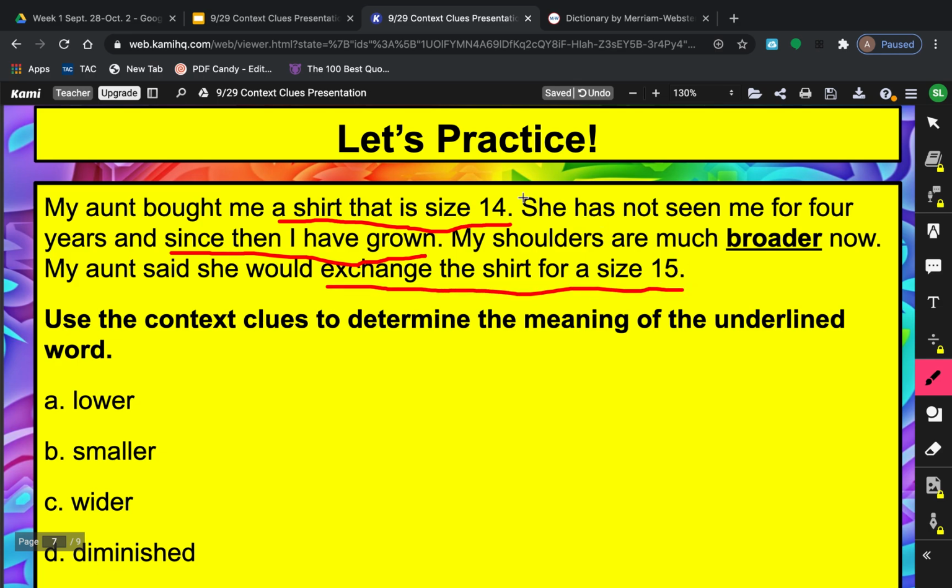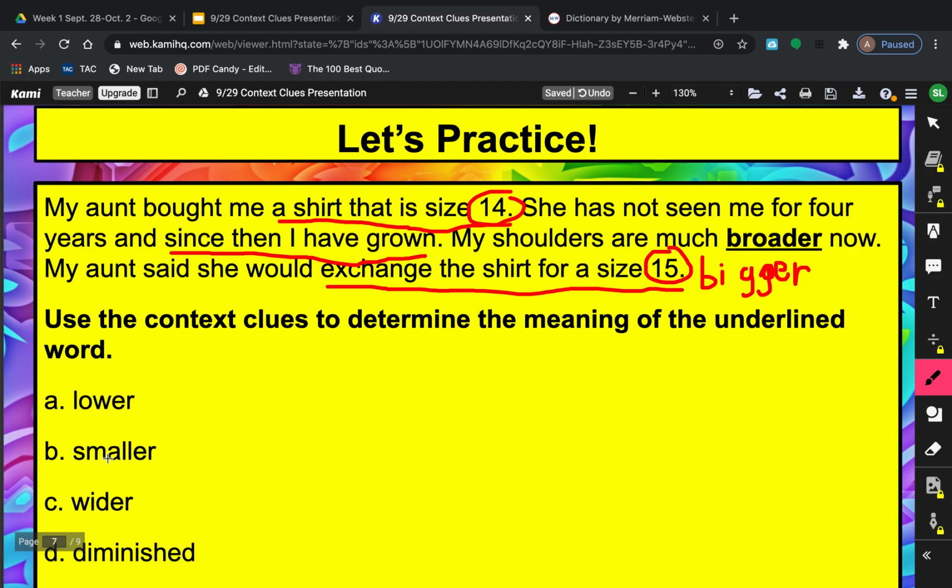Now going from a size 14 to a 15 is a size bigger than the original size.